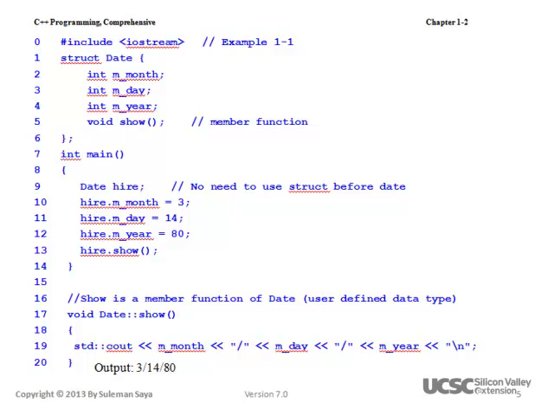Because you can have multiple functions with the same name, but they belong to different classes or structs within the same code base. So it is very important to let the compiler know which class or structure the show function belongs to, or is a member of.